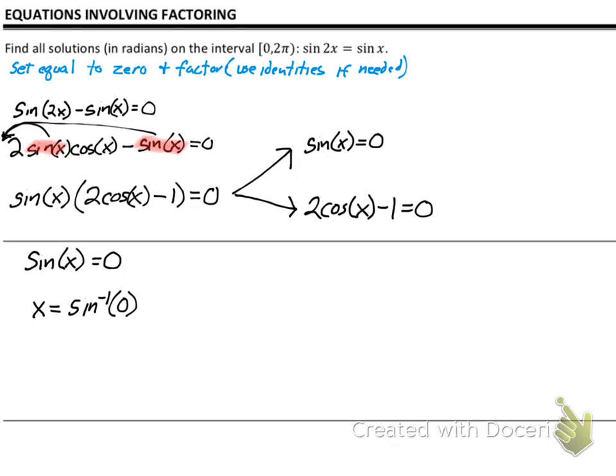In other words, what angle am I looking at if sine equals 0? Now, I'm going to set that up every single time because you don't necessarily need this, as long as you understand that I'm looking for 0 on my unit circle. But when we get to things that are not on the unit circle, you're going to need to plug this in your calculator. This one happens to be on our unit circle, so we're just looking at where sine equals 0, and we're going to list what angle that happens at.